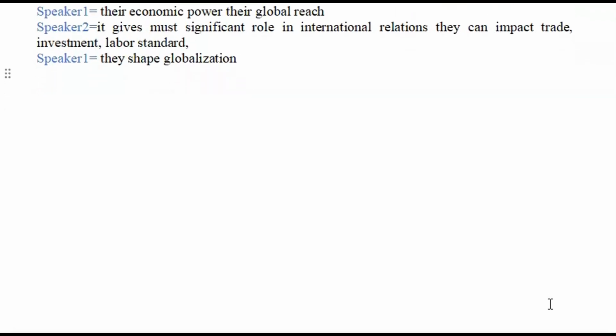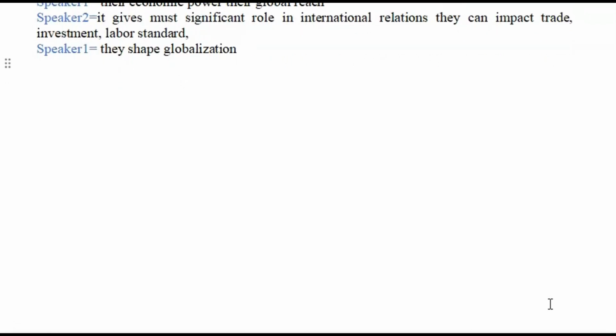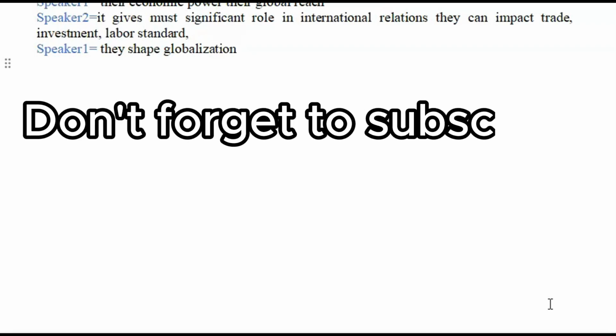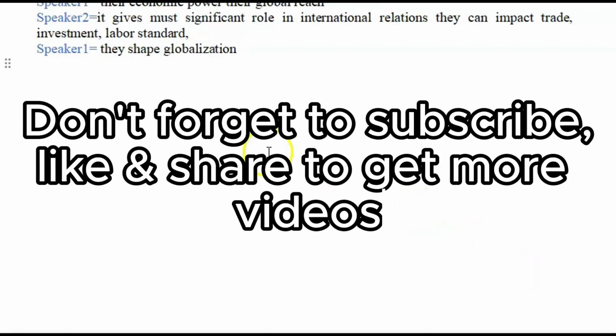Precisely. But the module argues that we need a broader perspective. One that takes into account the full range of actors and issues that shape international relations today. Right. A more holistic view. And this leads to a fundamental question that IR theories try to answer. Whether relations between states are primarily characterized by cooperation or conflict. It's an enduring debate. Are states naturally inclined to cooperate, or are they inherently driven by self-interest?